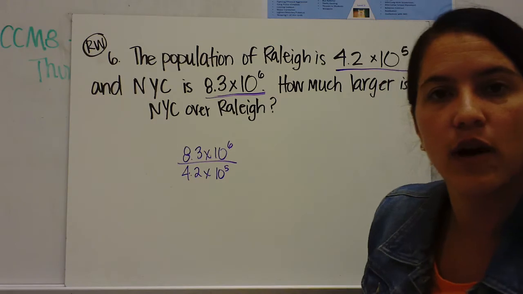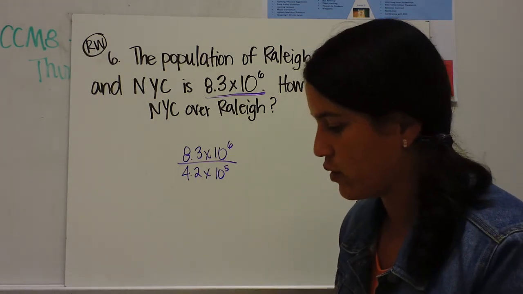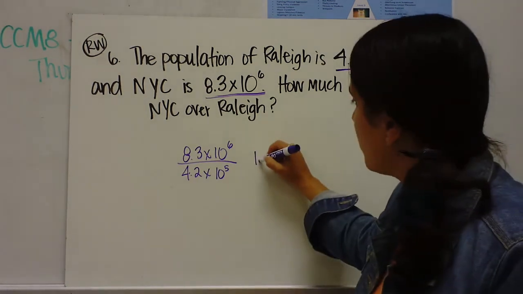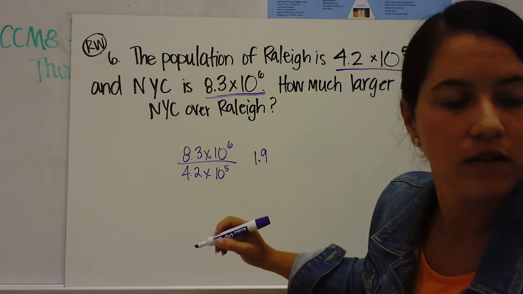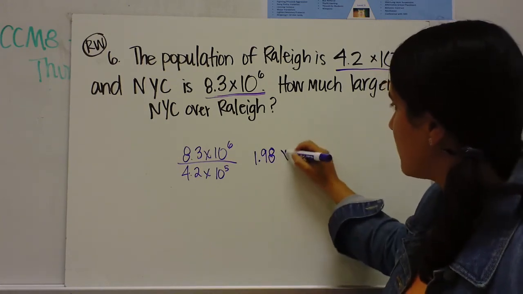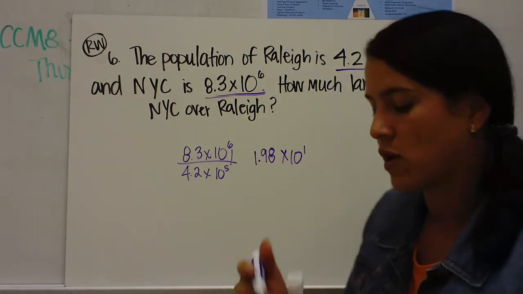So we set up my division problem. I'm going to go to my calculator. 8.3 divided by 4.2 is 1.976. So 1.98 times 10 to the 1.